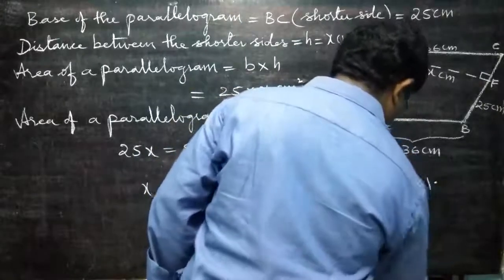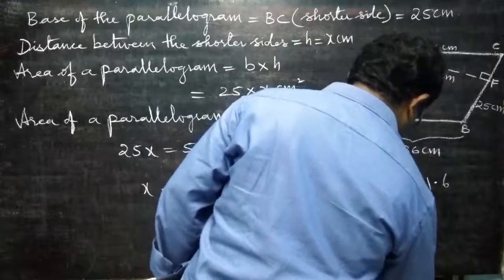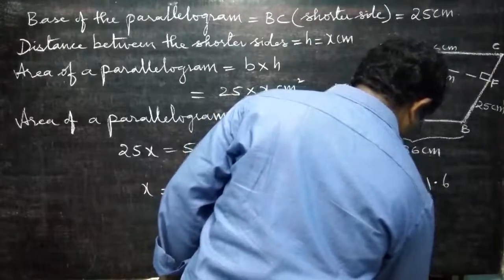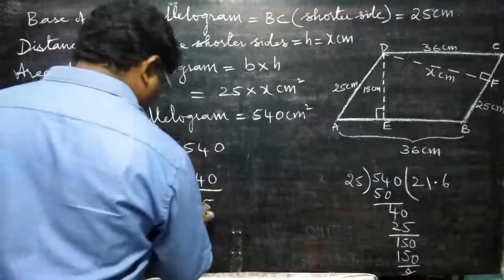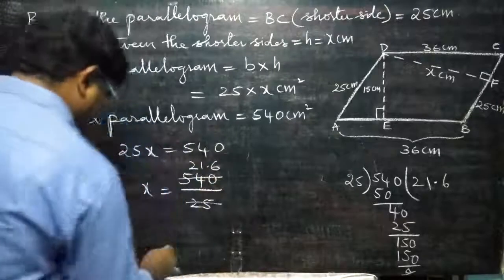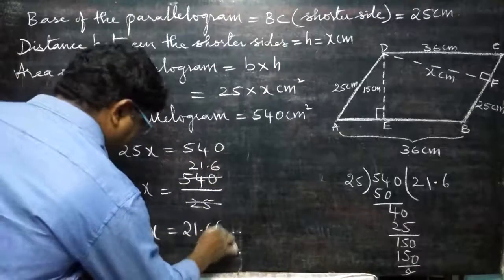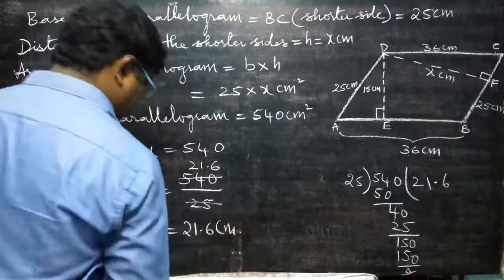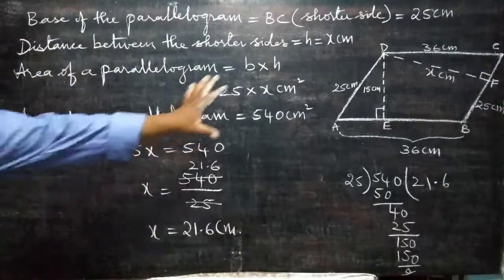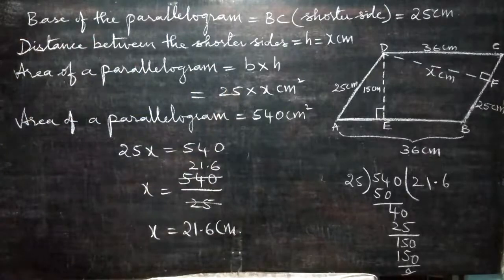Keep decimal. 0. 6 times 150. 0. So how much you got means 21.6. That is X is equal to 21.6 centimeters, because it is height. So therefore the distance between the shorter sides is 21.6 centimeters.